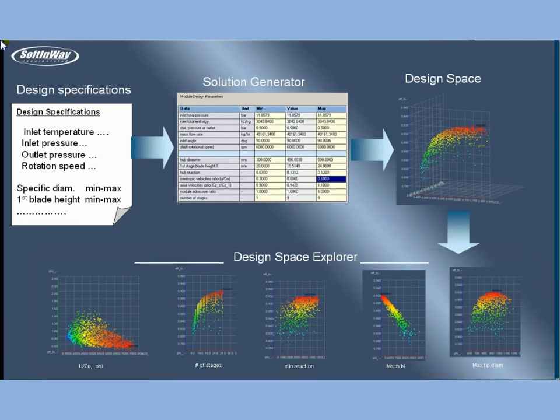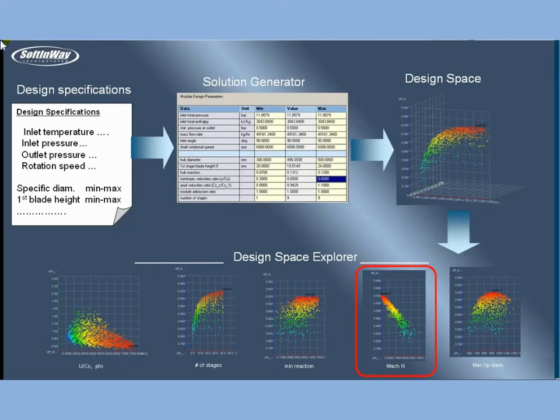Here is a sample cube projection of design space from a turbine preliminary design case. Here is the Smith diagram for a particular specification, flow coefficient versus isentropic velocity coefficient. Efficiency versus number of stages. Efficiency versus minimal reaction.